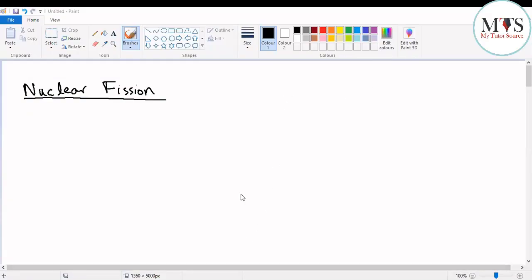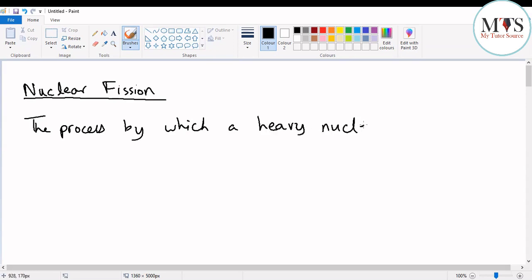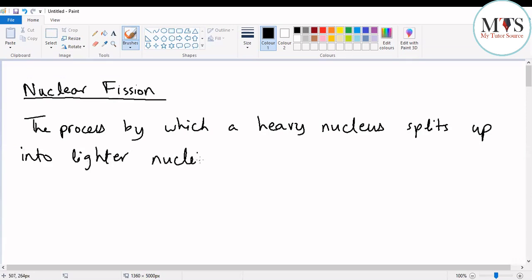Starting with nuclear fission. Nuclear fission is basically the process through which a heavy nucleus splits up into lighter nuclei, and in this process some energy is also released.